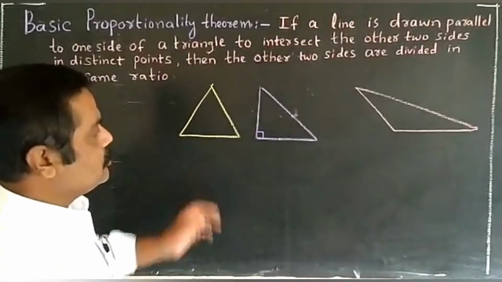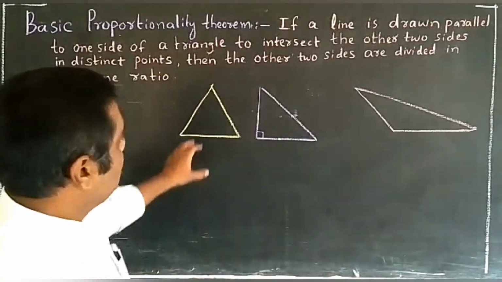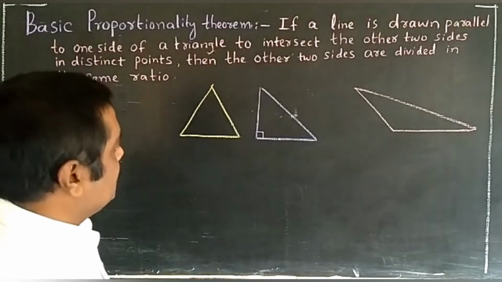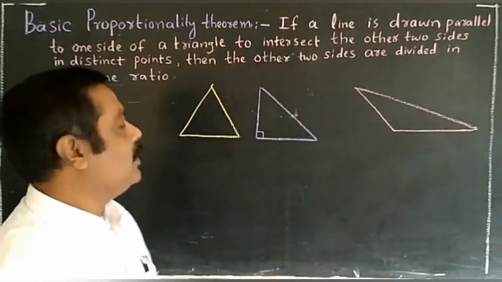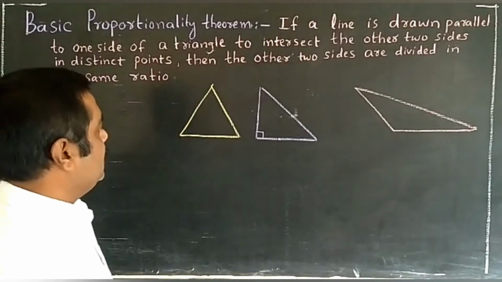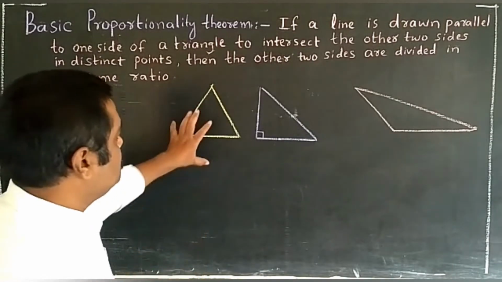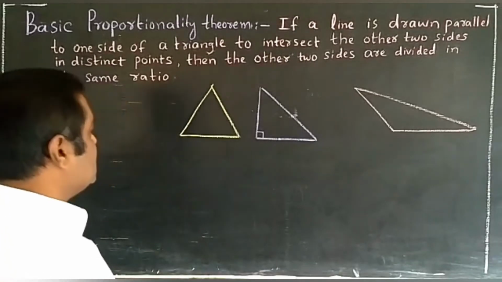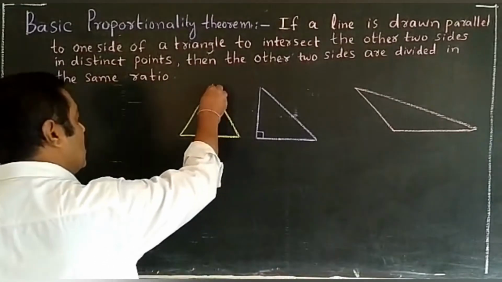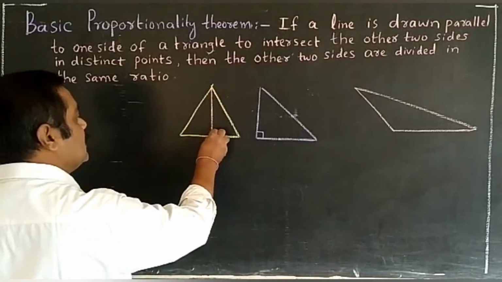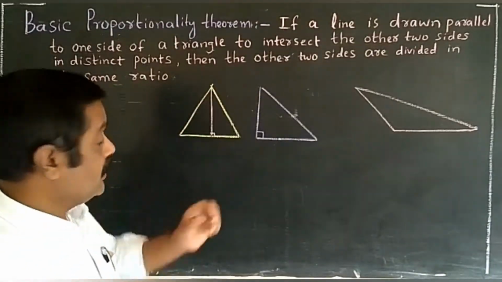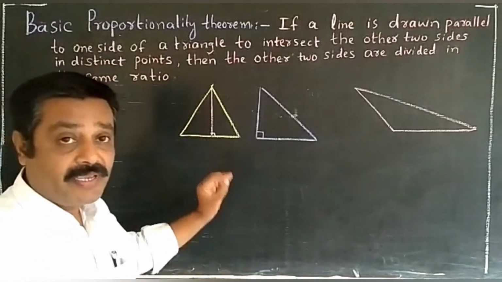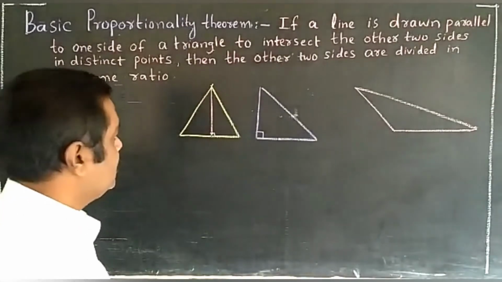Observe these three triangles; I am going to construct the altitude for each. For the acute angle triangle, the altitude is compulsorily in the interior of the triangle.